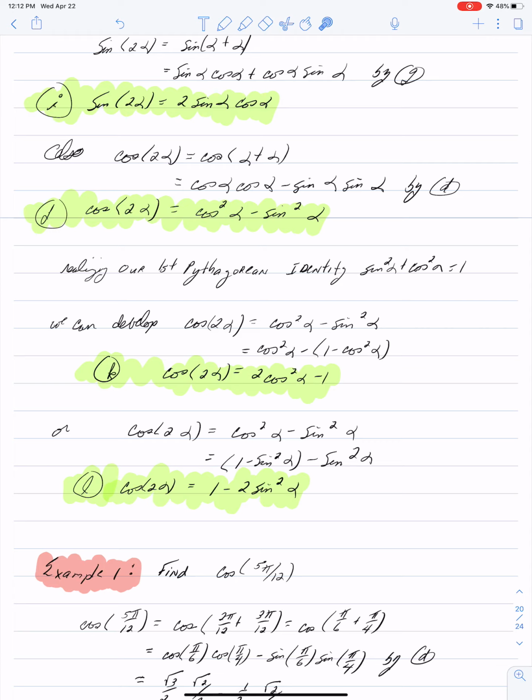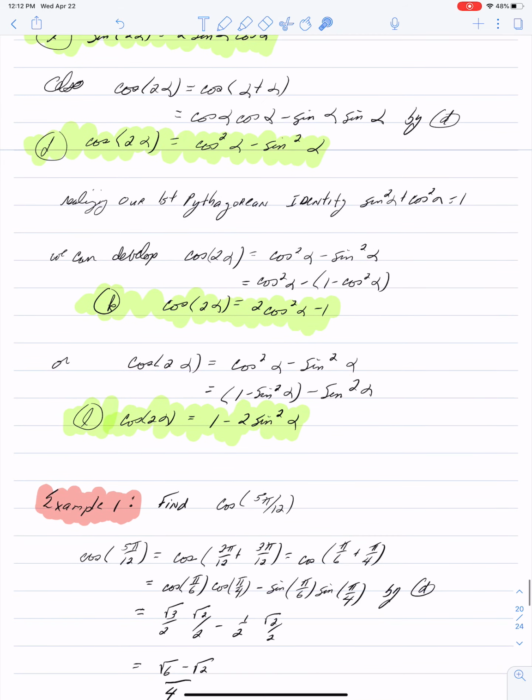So if I put 1 minus cosine squared alpha here, and I clean things up, I get a minus 1, and a minus cosine squared, so it's plus. I get another double angle formula for the cosine. Cosine of 2 alpha is 2 cosine squared alpha subtract 1.